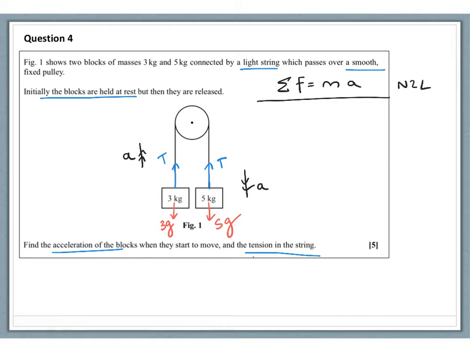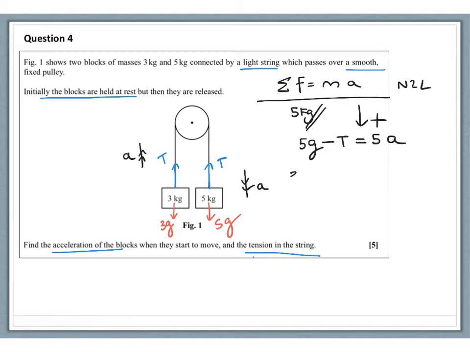And we will start by looking at the forces on the 5 kilogram block, using down as positive because that's the direction of its motion. So the resultant force is the weight, which acts downwards, which is positive, subtract the tension, which is upwards, which equals the mass, 5, multiplied by the acceleration.